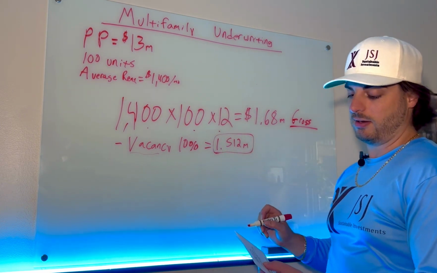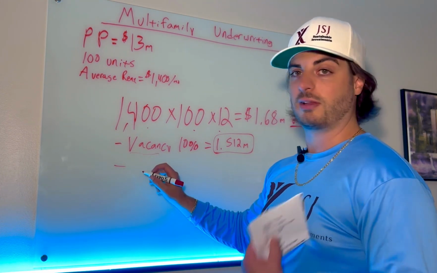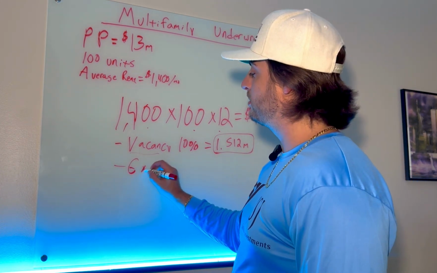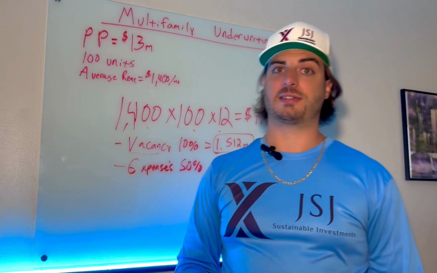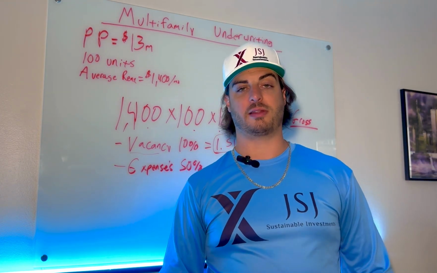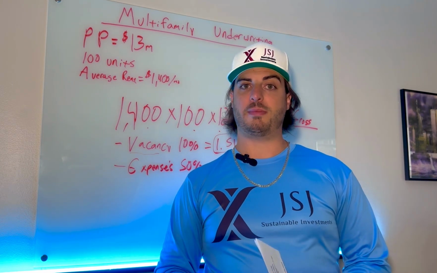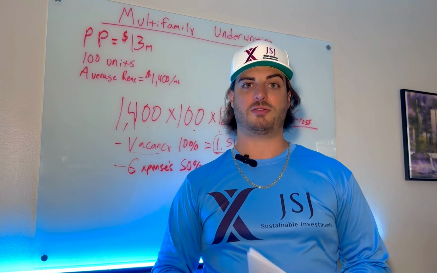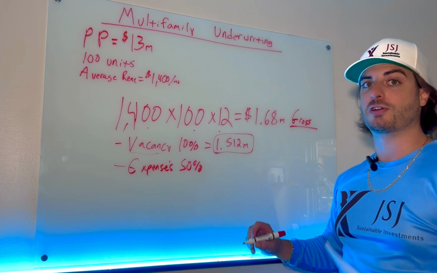And then we're going to take out our expenses. Now, a conservative underwriter, like we are, is going to use 50% for our expenses. This is not debt service. This is operating expenses on the property. This is repairs and maintenance. This is payroll. This is property management. This is utilities, trash, all of it. This is your property expenses, your taxes, your insurance.